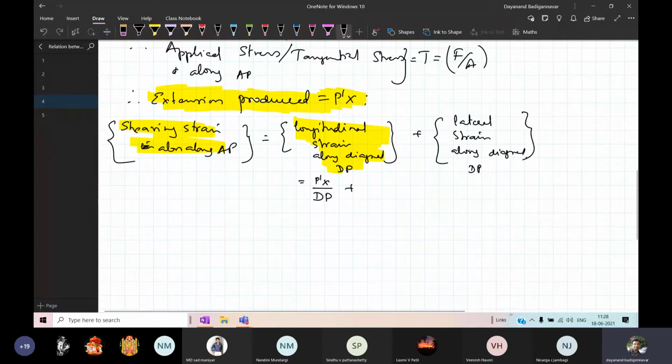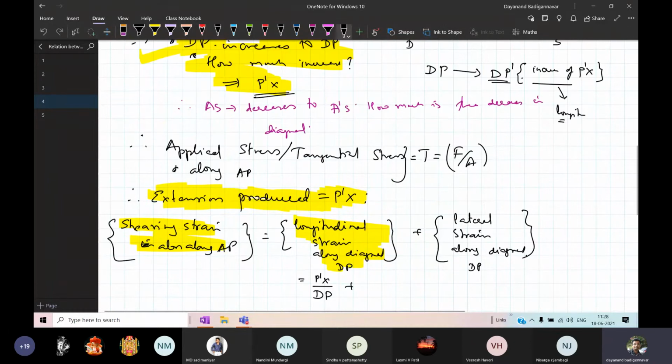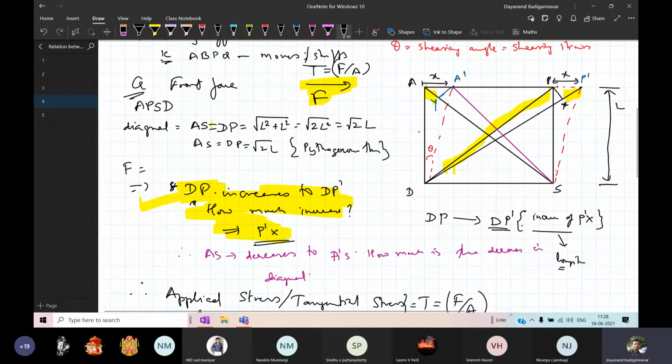the lateral strain. Now, lateral strain means the length of the diagonal is decreasing by AY. This is the length of the diagonal that has been decreased. What is the original length of the diagonal? This is the original length of the diagonal. There is a decrease in the length of the diagonal. How much is the decrease?